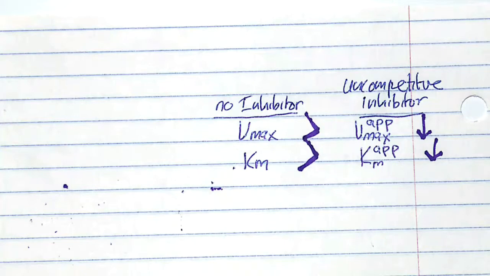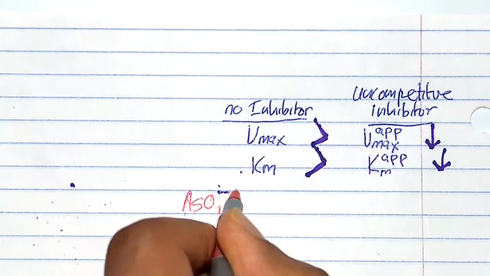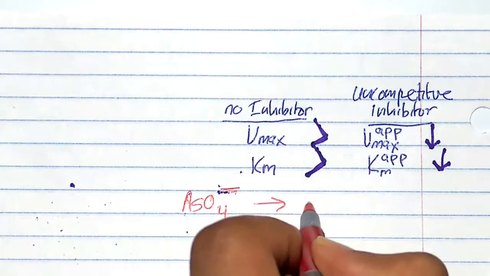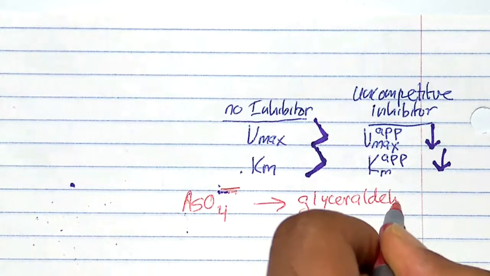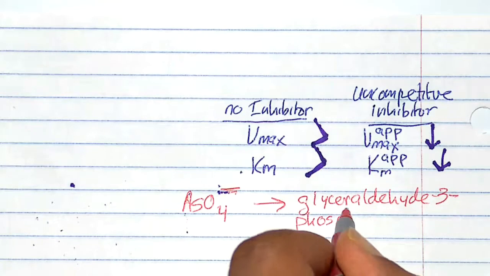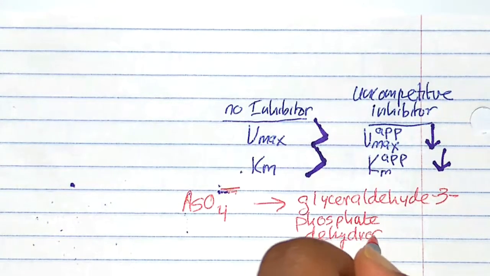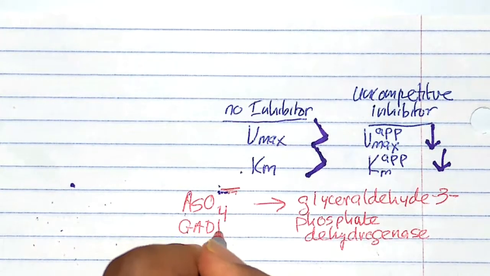We talked about some examples of uncompetitive inhibition. The most striking example that we saw was arsenate being an uncompetitive inhibitor of a very important enzyme in glycolysis called glyceraldehyde 3-phosphate dehydrogenase, GAPDH.